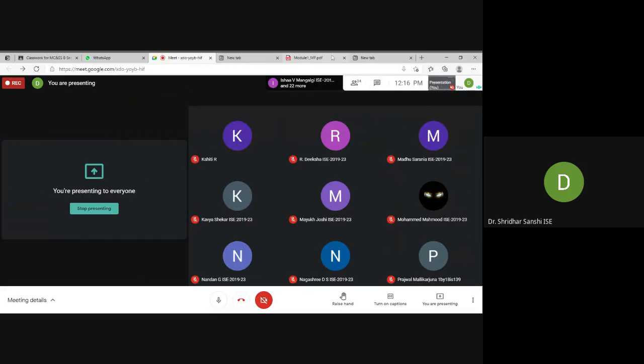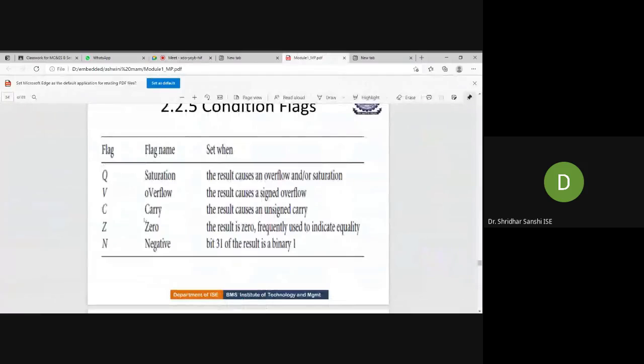Whenever you are executing the second program, the lab second program, at that time you can see how we can use this S bit.